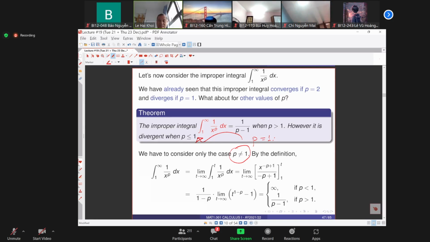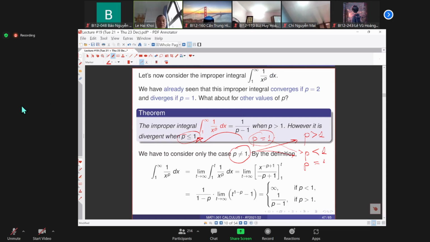In that case, we have two statements: converge when p is bigger than 1 and diverge when p is less than 1. Together with p equal to 1 also diverging, you put this here to have p less than or equal to 1, right? So now we consider p different from 1.